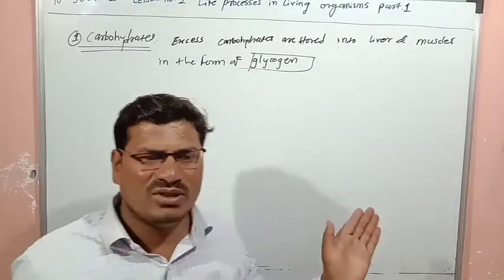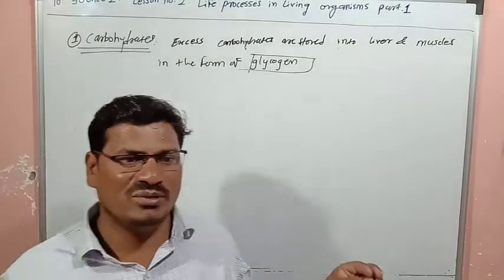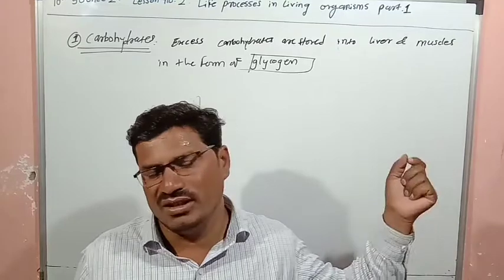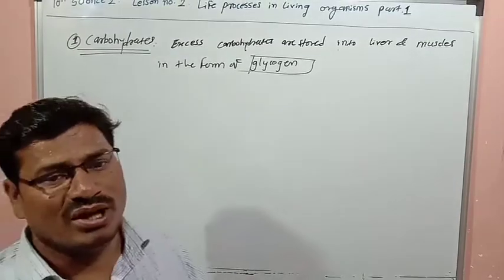So after ATP formation, whatever carbohydrates remain are stored in the liver and muscles in the form of glycogen.